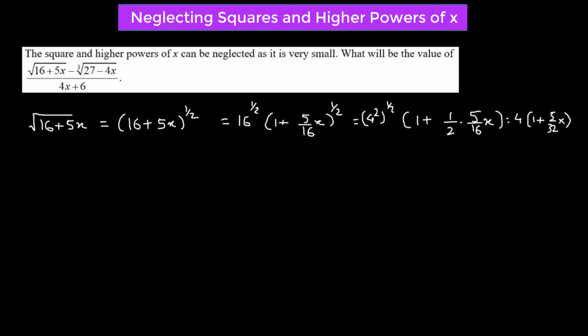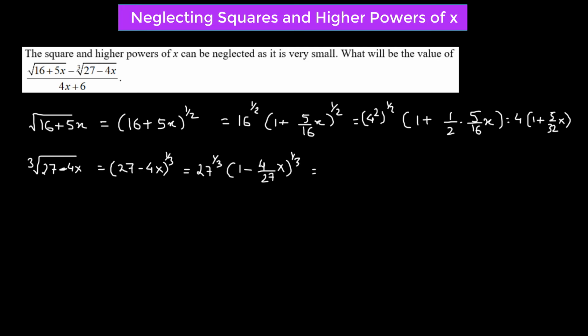Now we consider the second term in the numerator, and that is the cube root of 27 - 4x. So we can rewrite it in the exponent form, so that would be (27 - 4x) raised to the power of 1/3. Then we factor out 27, so we'll have 27 raised to the power of 1/3 times (1 - 4/27 x) raised to the power of 1/3.